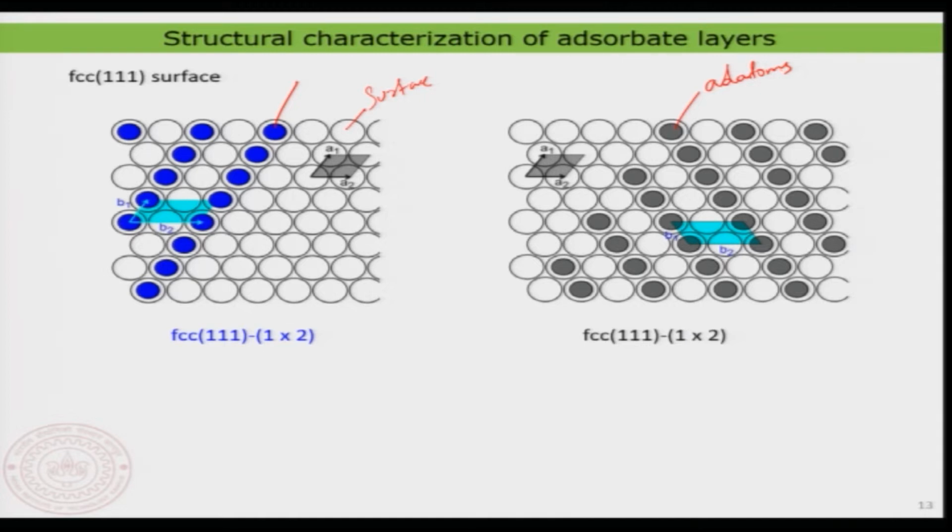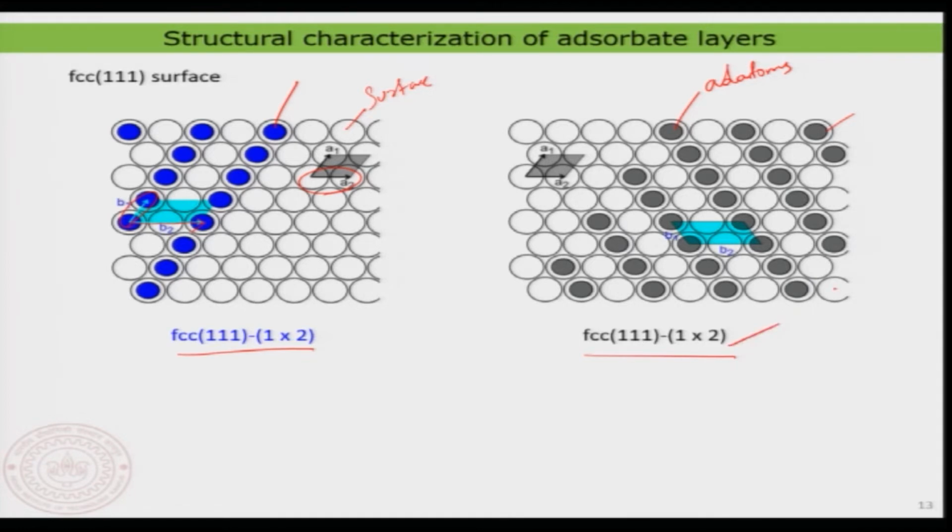The interesting thing is that both of them look the same, and if you write down the Wood's notation of both, it would be 1 by 2 or 1 by 2, because the Adlayer lattice is 2 times that of the surface lattice along one direction, and along the other direction it is exactly the same as the surface unit lattice vector. So it is a 1 by 2 Adlayer.